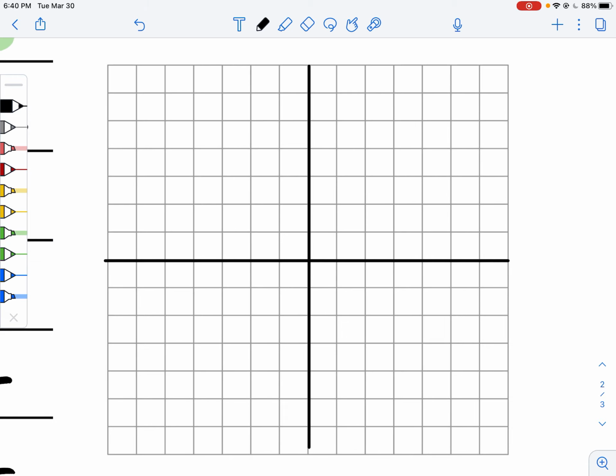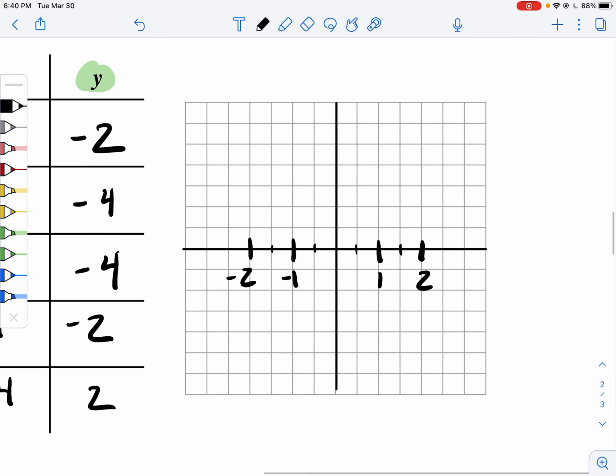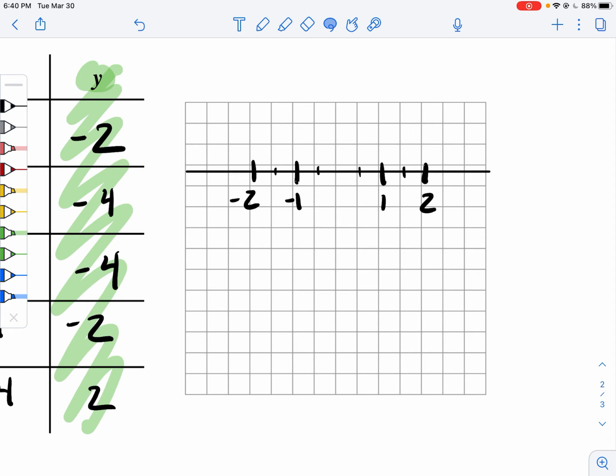So in this whole space, I want to go all the way to negative 2, all the way up to positive 2. So I'm going to go ahead and spread them out a little bit. That's fun. And then my y's, my range, is going to go from negative 4 up to 2. So that's not as big. So I'm going to scoot this guy up a little bit.